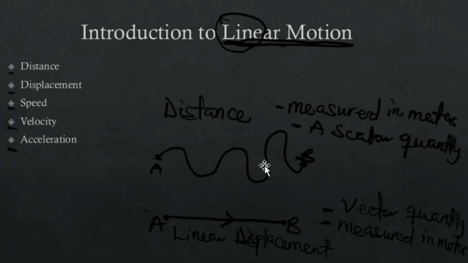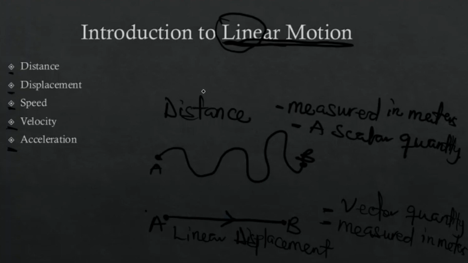There are some other key things that we must also note when dealing with these two. Let's say the body covers a straight line, it can turn into linear displacement since it is taken in a straight line and surely in a specified direction. Also, with observation, you could see that the total path that this body will take, measured in meters, will be greater than the shortest one taken by this body. One is in a straight line and is the shortest path. So we could see that distance is always greater than or equal to displacement.